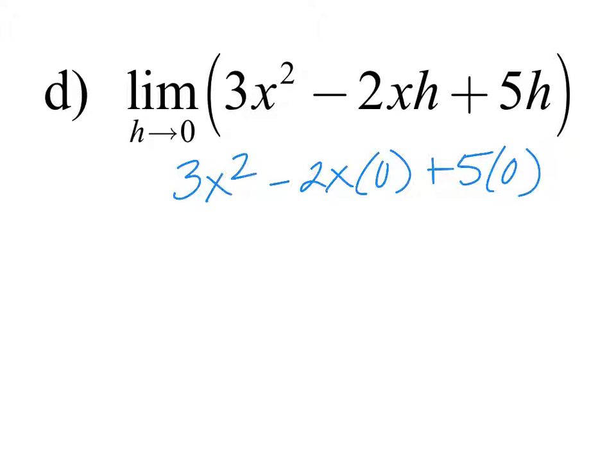So 3x squared minus 2x times 0 plus 5 times 0. 3x squared minus 0. So you just put 3x squared. Okay? Any questions on those?